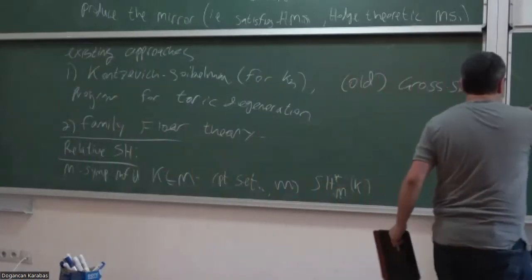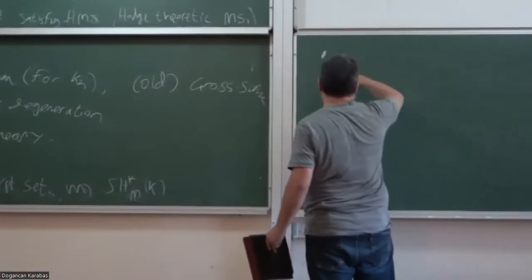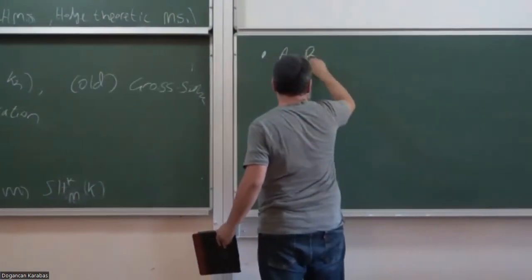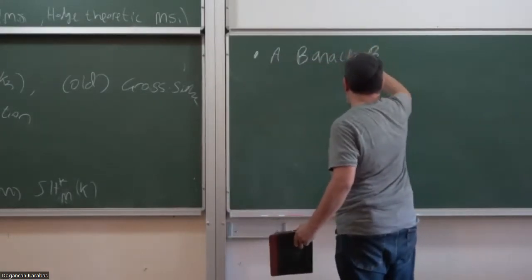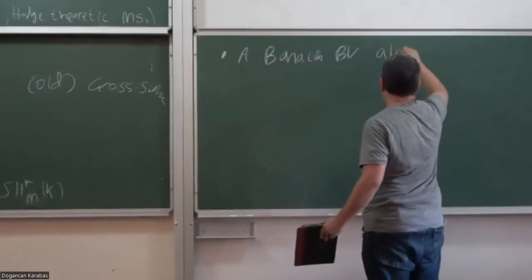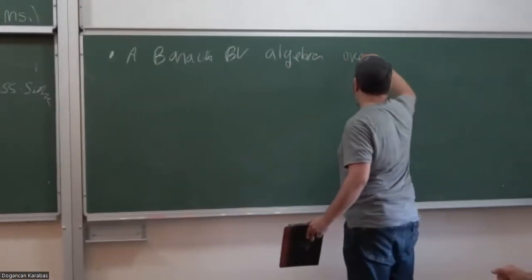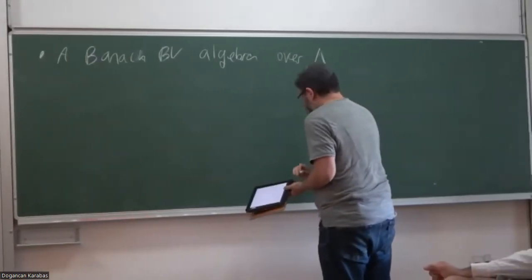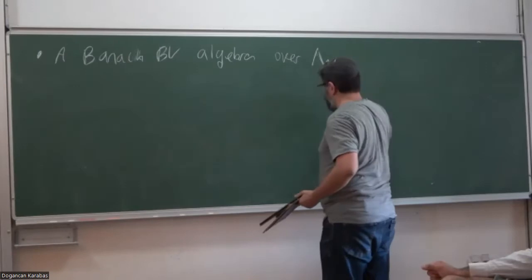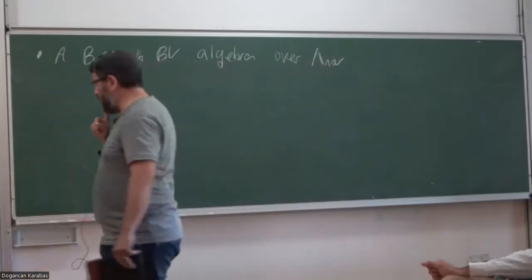What kind of object is it? First, it's a Banach BV algebra over the Novikov field.